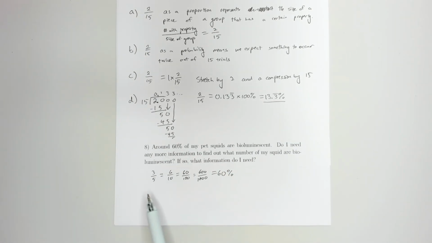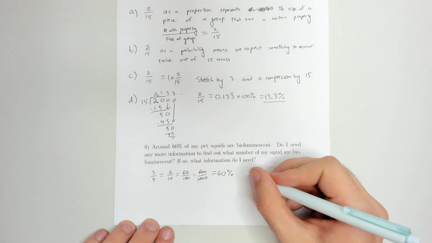If that's the case, then I could have 5, 10, 100, 1,000 squids, and in all of those situations, I could just have the corresponding numerator of bioluminescent squids. So I don't have enough information to know how many squids I have just based on the 60% alone.